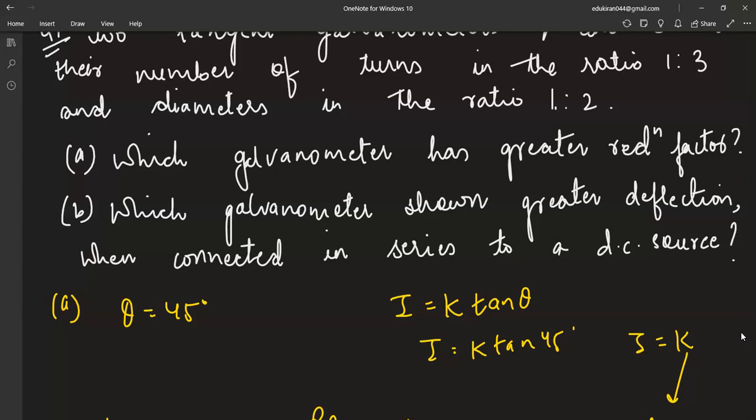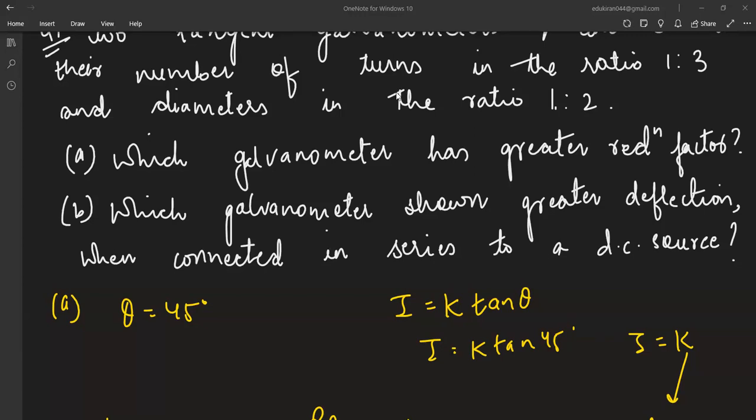Now, the second part is which galvanometer shows a greater deflection when they are connected in series to a DC source. See, which quantity remains the same in series connection? Yes, Shahid, right.